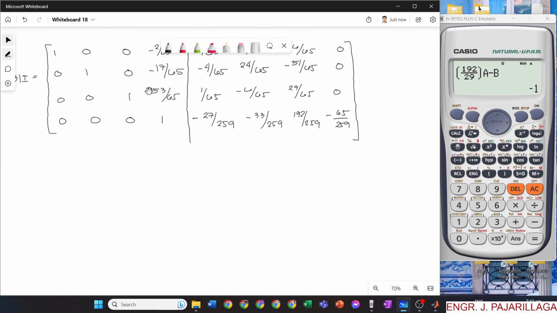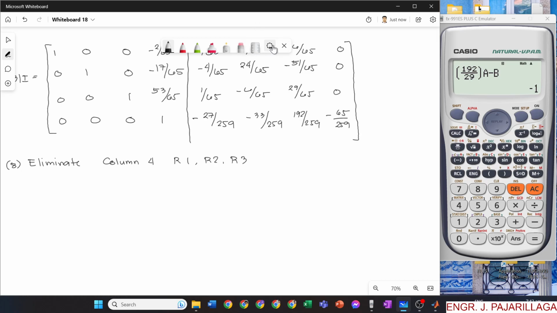Okay, for step number 8, we can now eliminate column 4, rows 1, row 2, and row 3.